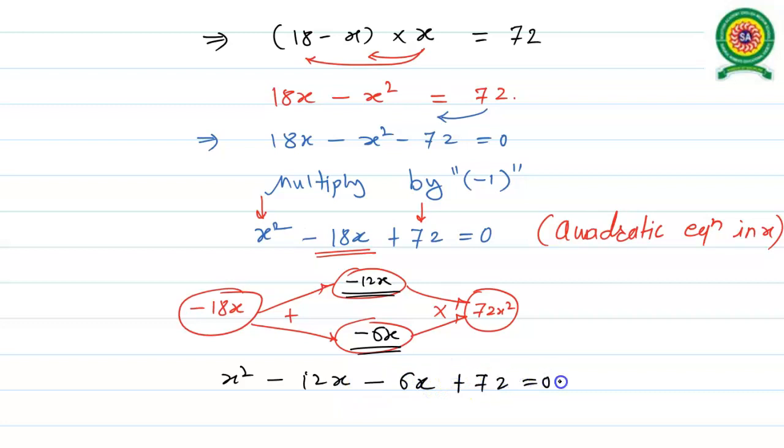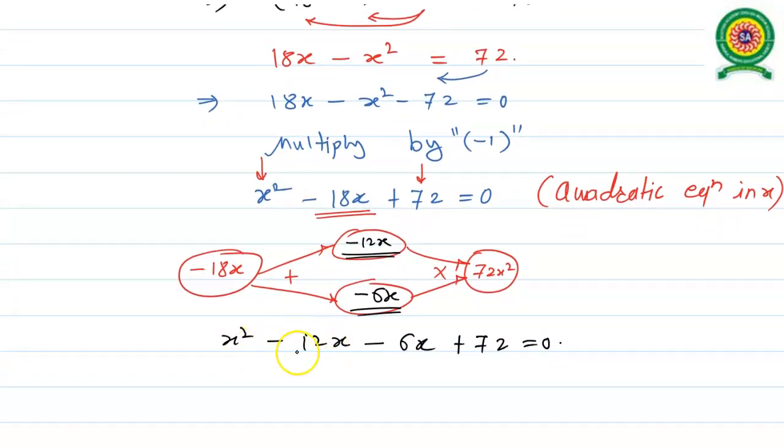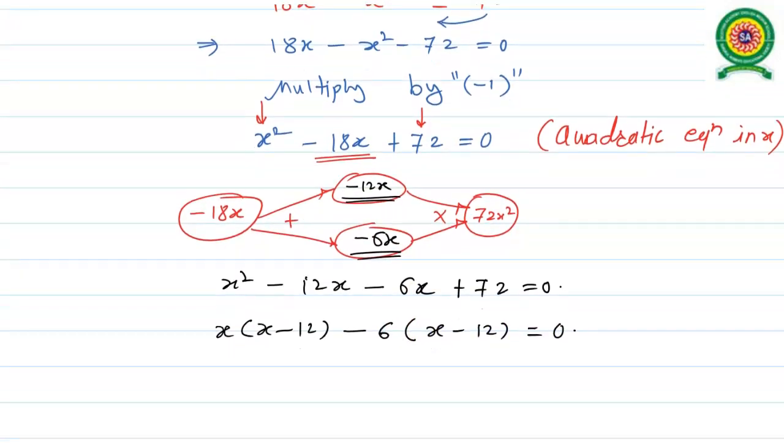Now make a pair from left to right direction. From the first pair we can easily take x outside, so we remain with x minus 12. From the second pair we can easily take minus 6 outside, so again we remain with x minus 12, that is equal to 0.